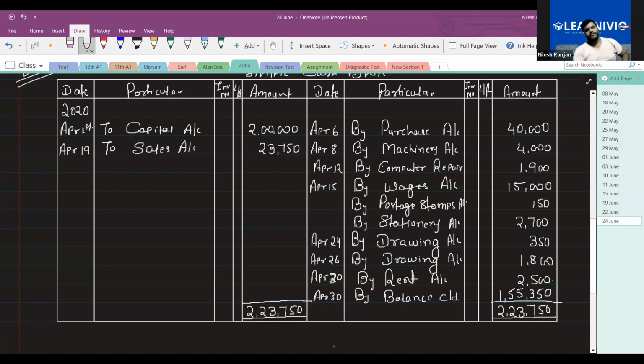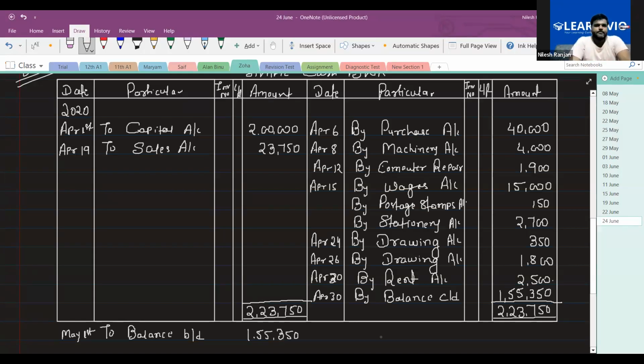So this is the balance. It will be written here again on May 1st, to balance b/d, 1,55,350. Tell me, is this clear?